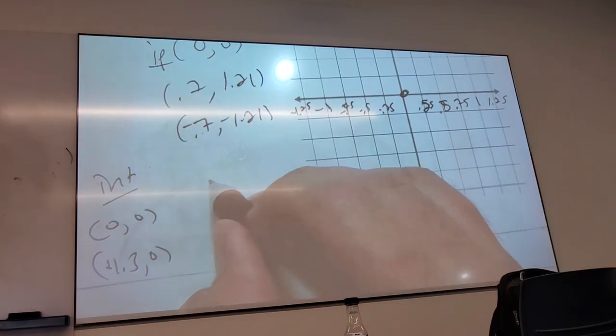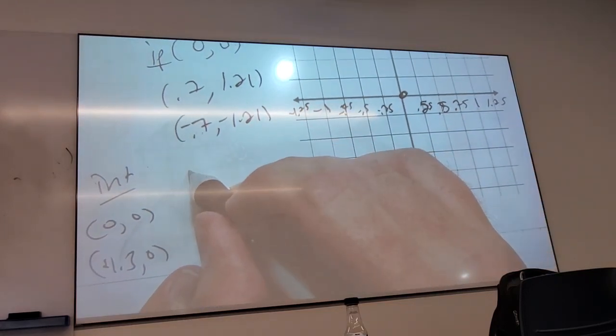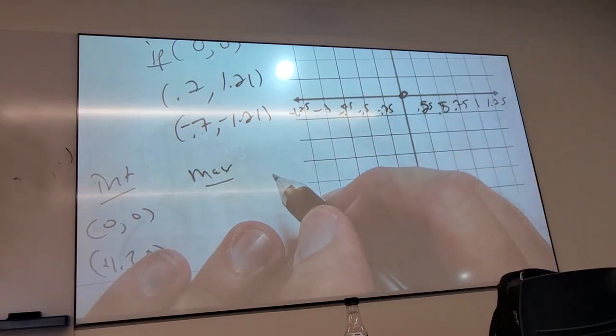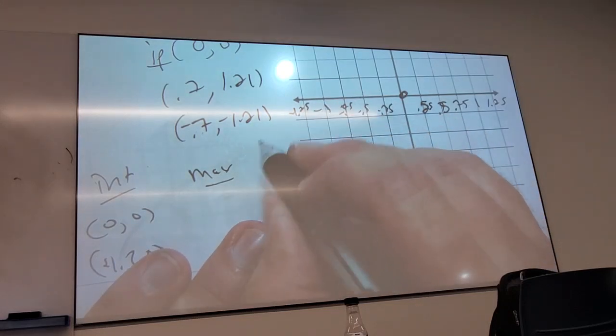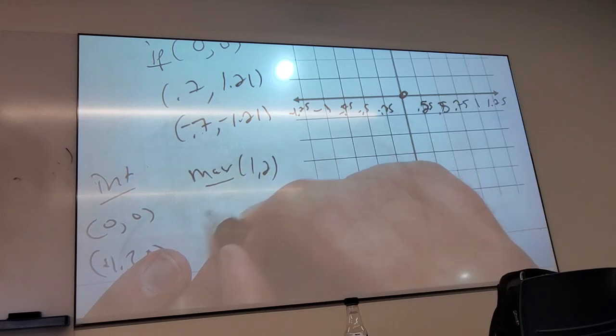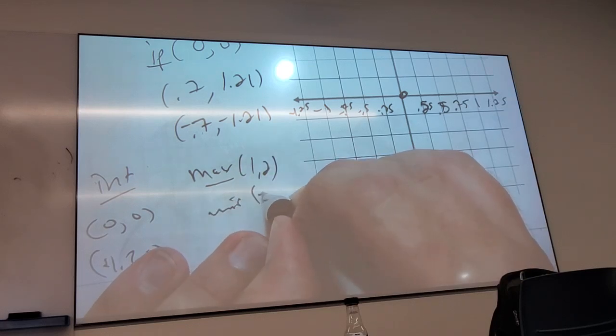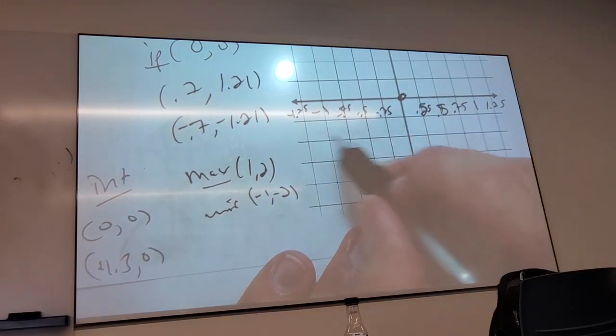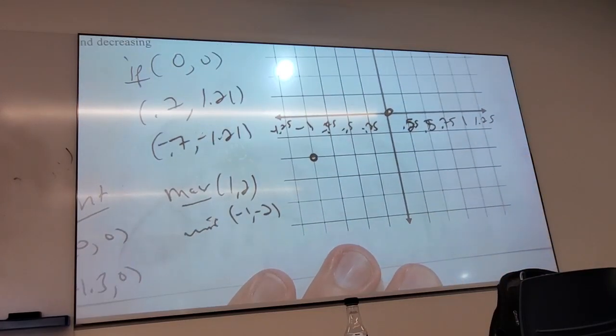And, where'd it go? Max is, where did my max go? There it is. 1, 2, min, negative 1, negative 2. Okay. So negative 1, negative 2, see how now I got a lot more room to live in, yes? And 1, 2.